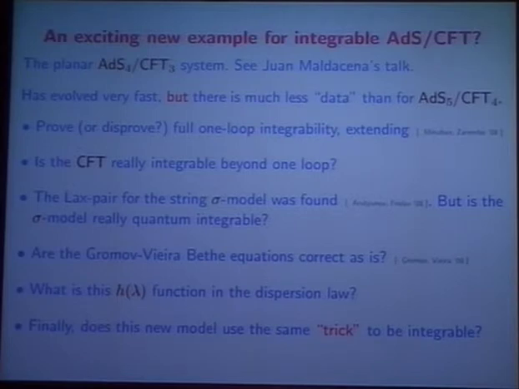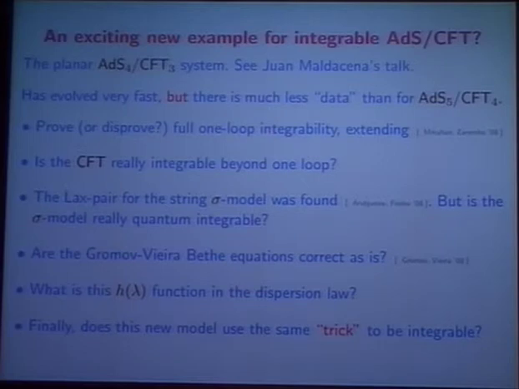Anyway, then there's this other system, which is so new that we have heard very little about it at this conference, but I'm sure we will hear a lot in the next conference. So this planar AdS4/CFT3 system. It has evolved very, very fast, and the reason is that people basically believe it's integrable, and then they take any paper that was written in the last 5 years on AdS5/CFT4 and try to rewrite it for AdS4/CFT3.